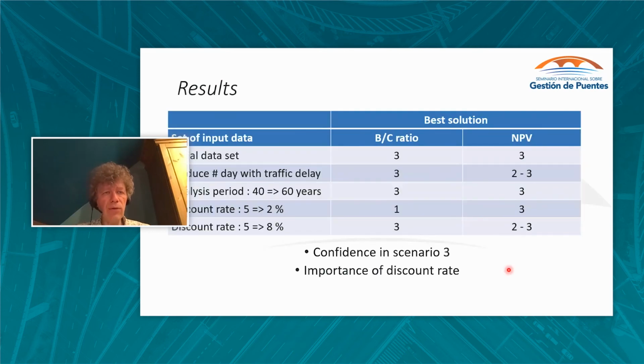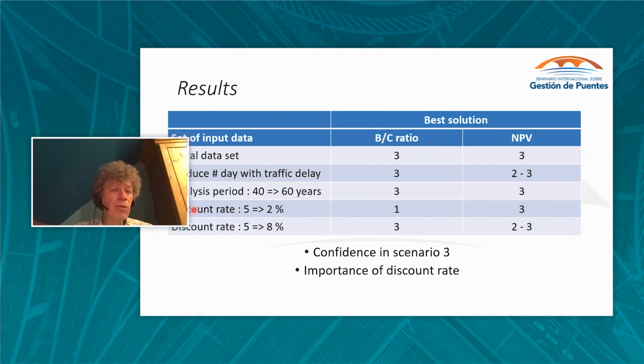And if I do that, what are the results? With the initial data set, I can see that scenario 3 seems to be the best solution, for both comparison methods, the net present value and the benefit cost ratio.